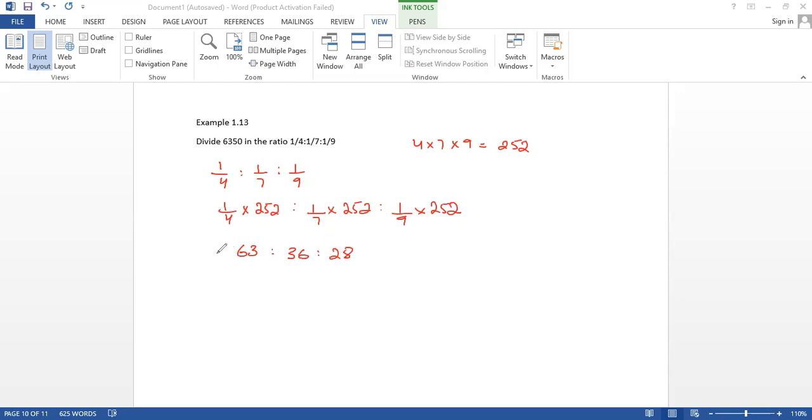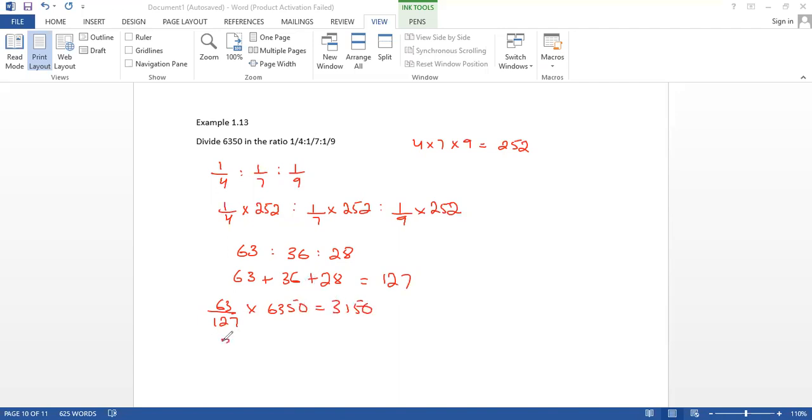So now I get 63:36:28. Now it's going to be solved in the same way. First, we calculate the sum: 63 plus 36 plus 28 gives you 127. Then we distribute the sum. For 63, we'll have 63 over 127 multiplied by 6,350, which will give us 3,150.